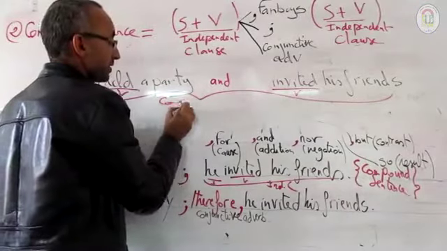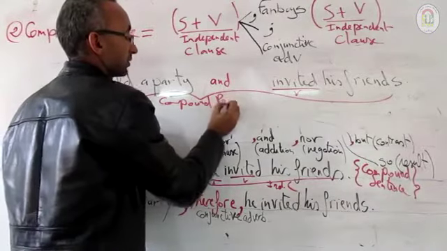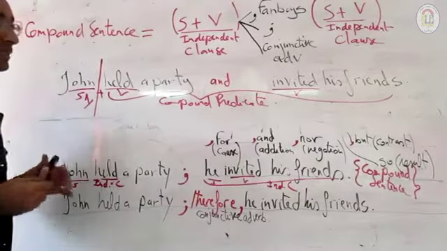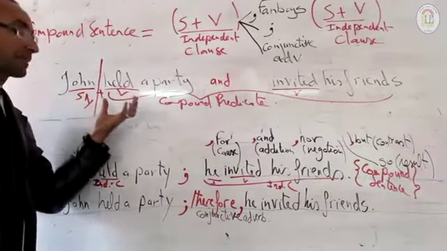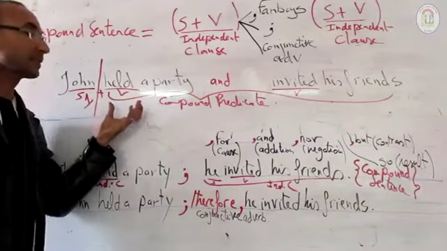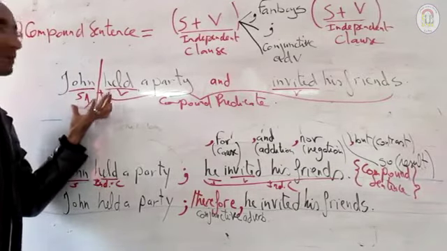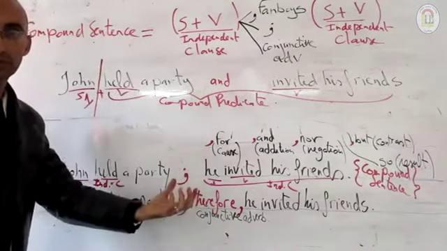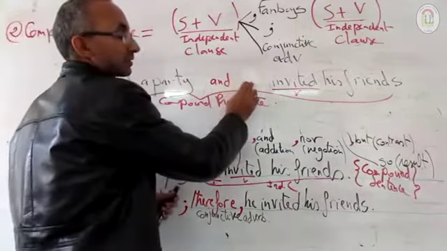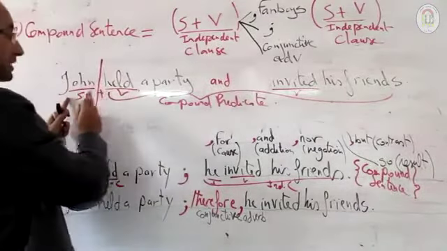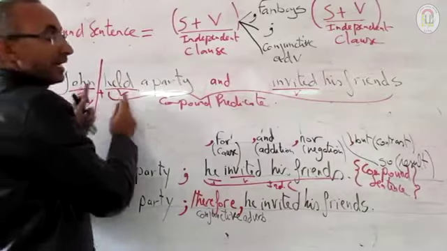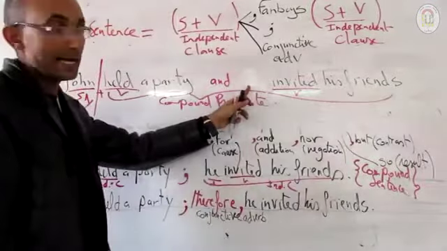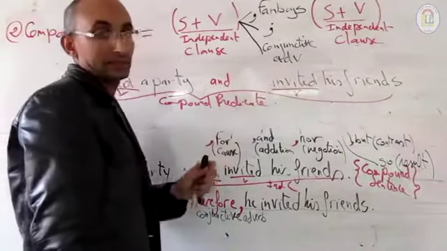A compound predicate. Clear? A compound predicate, and in this case, my sentence is considered a simple sentence. If I want to make it compound, I must add here a subject to have the structure of S plus V before and also S plus V after and. Clear?